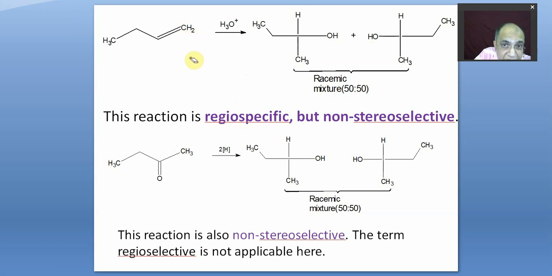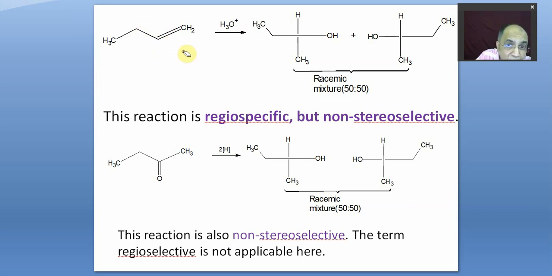It is totally extinct. It is regiospecific because, yes, I dare say that, when there is a chance of forming a secondary carbocation by the addition of H plus here, there is no chance of a primary carbocation, and there is no room for any rearrangement here. If there were rearrangement, the product would be the same.